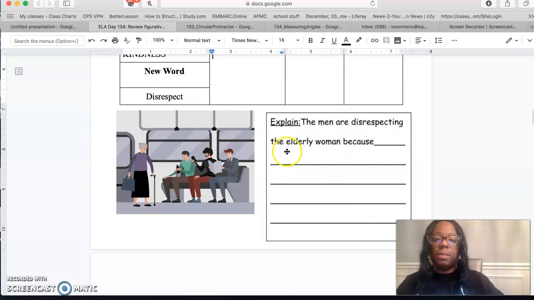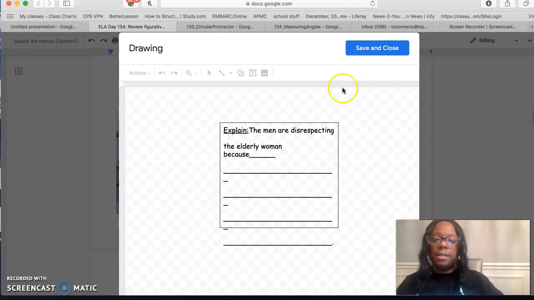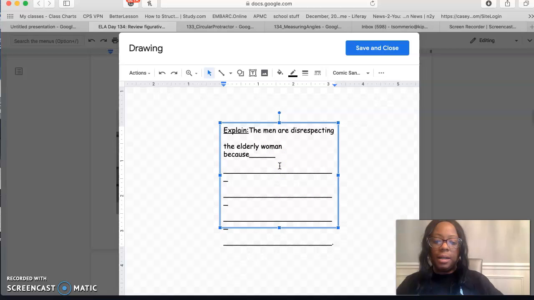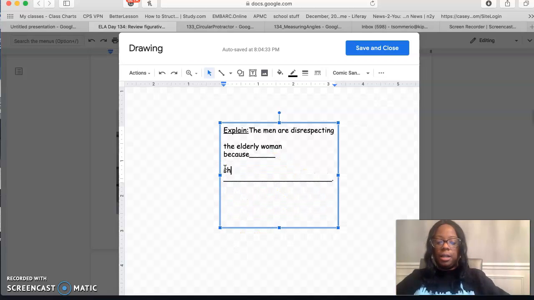All right, so let's explain the illustration. It says, explain the men are disrespecting the elderly woman because she is not being treated with kindness.